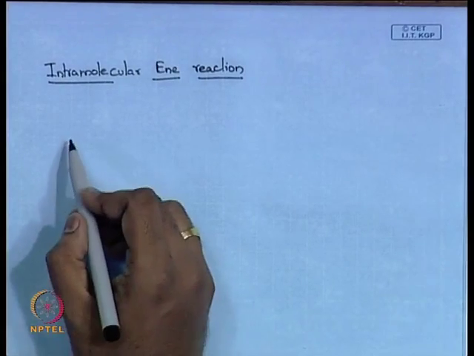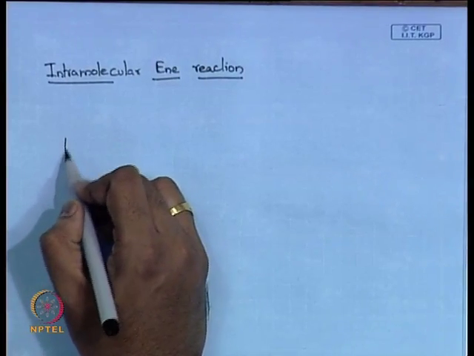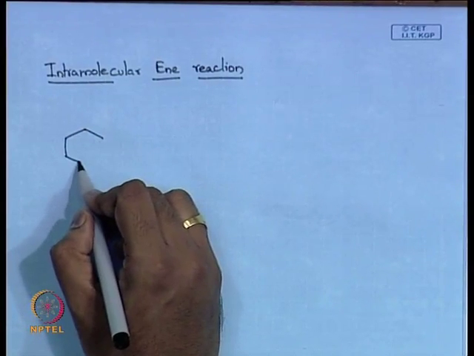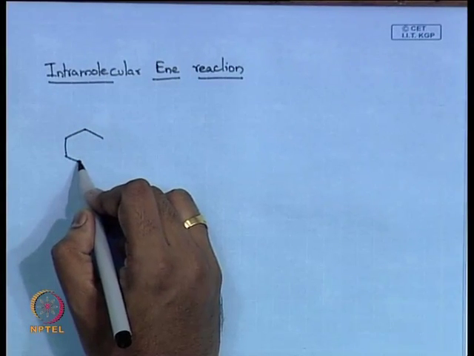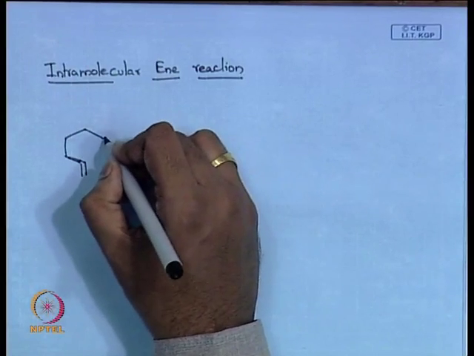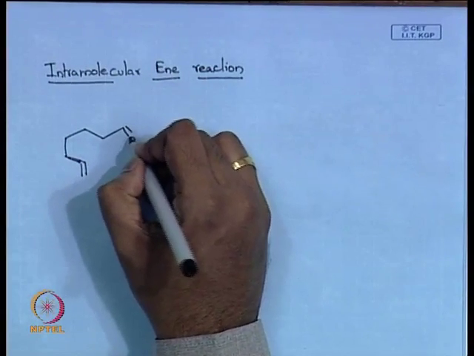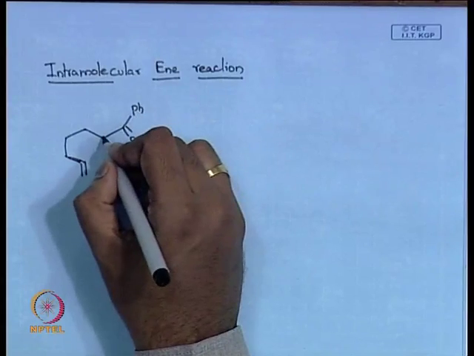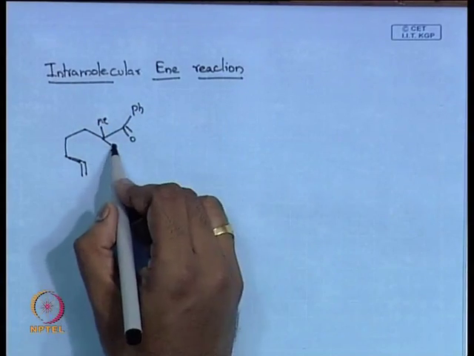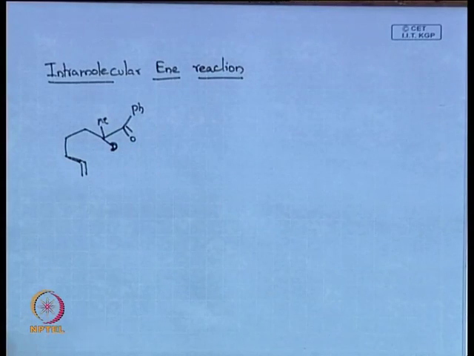For example, this is a very good example to understand the intramolecular ene reaction. This is deuterated.